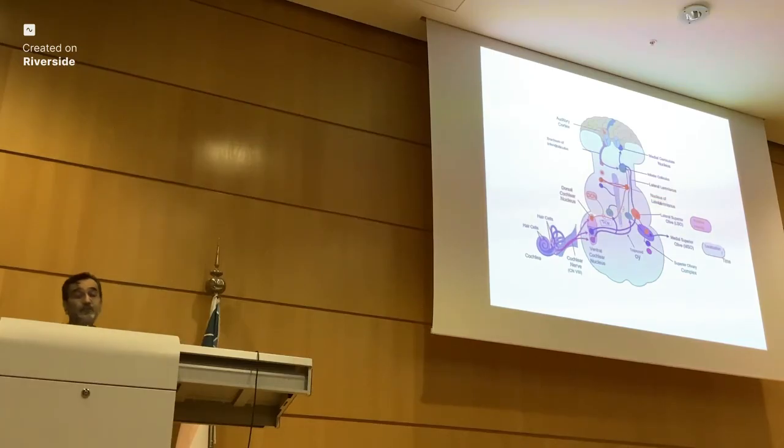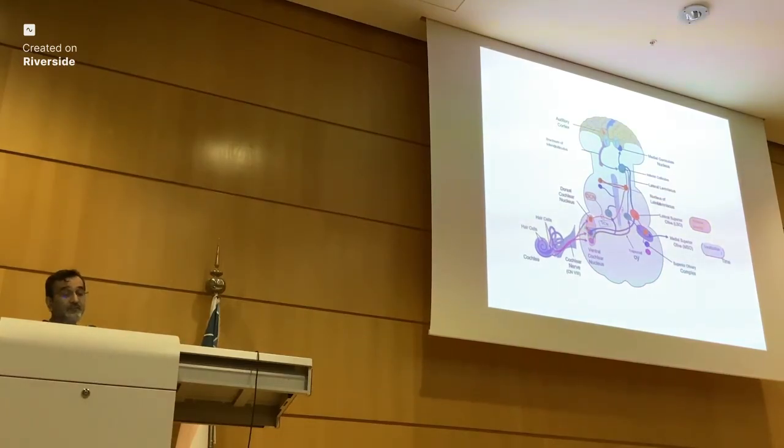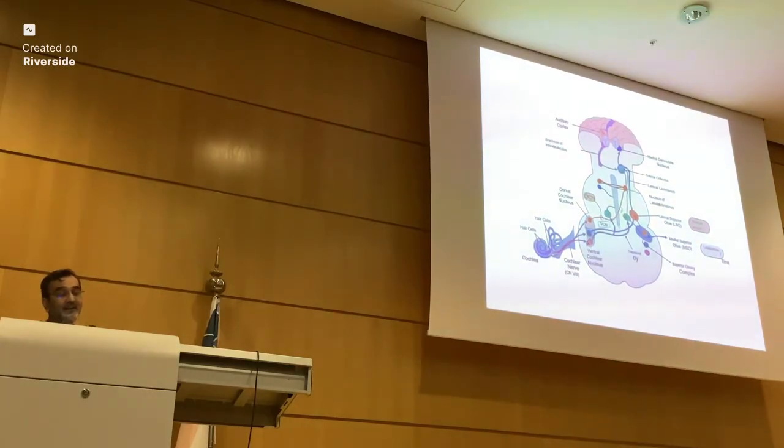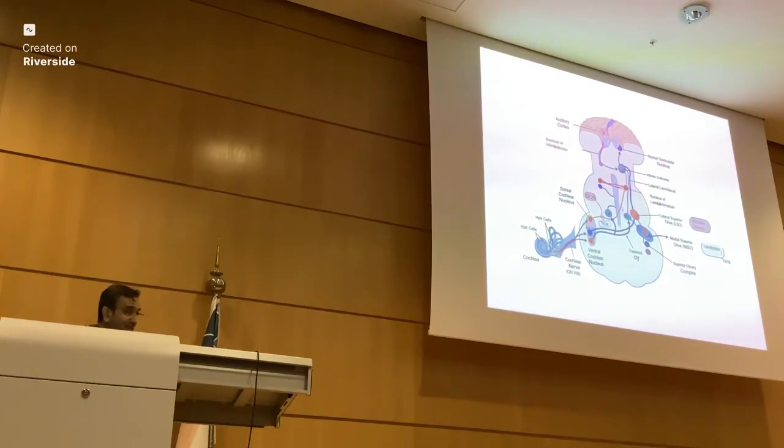The second group of nuclei, the ventral group of the cochlear nuclei, you divide into the ventroposterior and anteroventral groups of cochlear nuclei. Now, why they named it anteroventral and ventroposterior nucleus, don't ask me. But this is how it is.